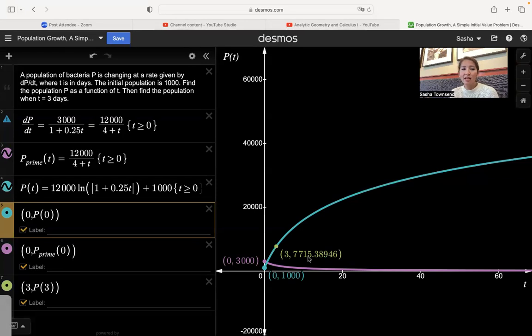And that rate of change of the population was initially 3,000. And then the rate of change continues to decrease as t goes to infinity. But 3 days later, because we started with such a large rate of change, that population of bacteria is already at 7,715. So that's a lot of bacteria.